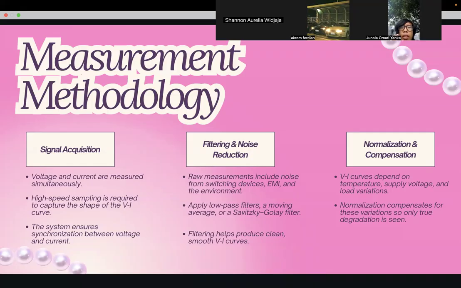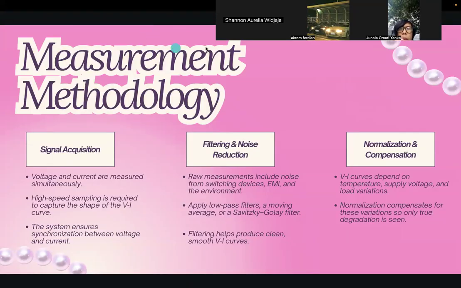This way, the system ensures synchronization between voltage and current so that we don't have any mismatched values within the VI curve.